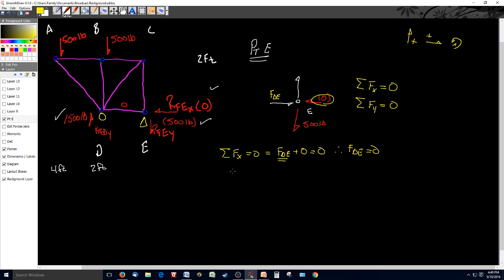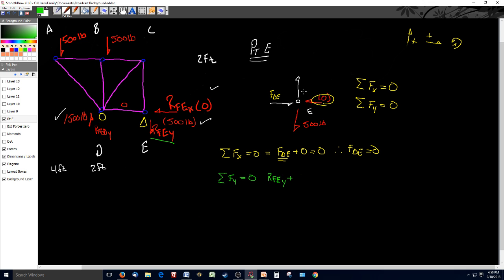Coming back out here, let's do our forces in the y direction. Similarly, those have to equal 0. What do I have in the y direction? I've got the reactionary force at E in the y direction, which is 500 pounds down. So reactionary force at E in the y direction plus what other component force do I have?